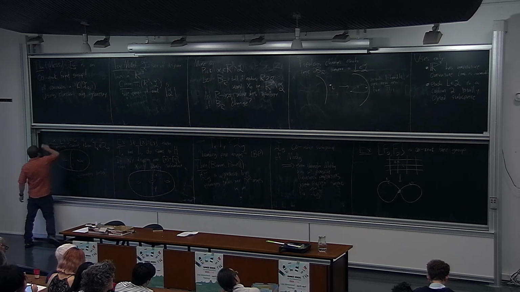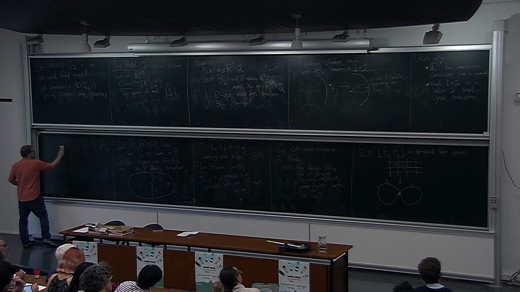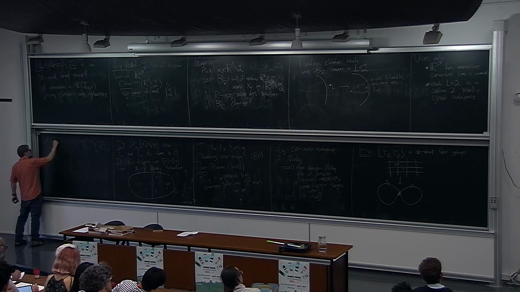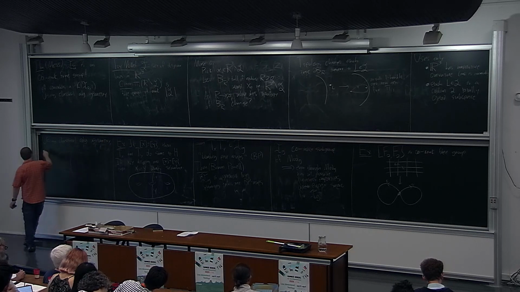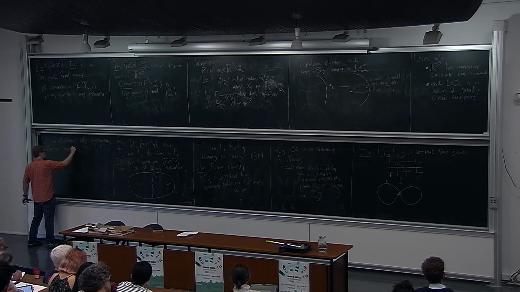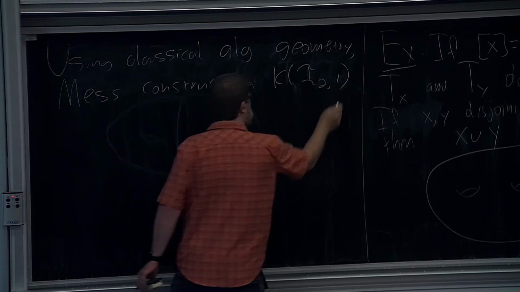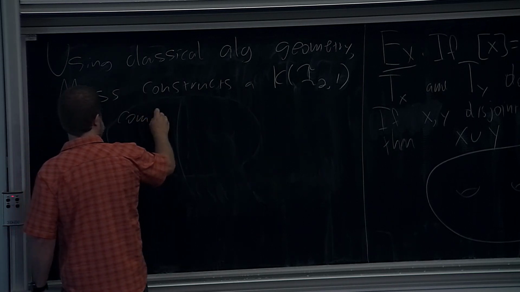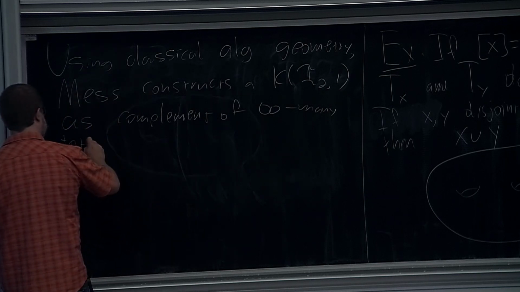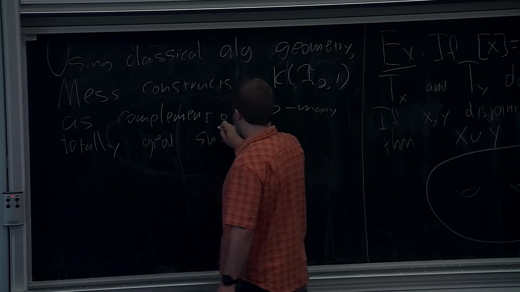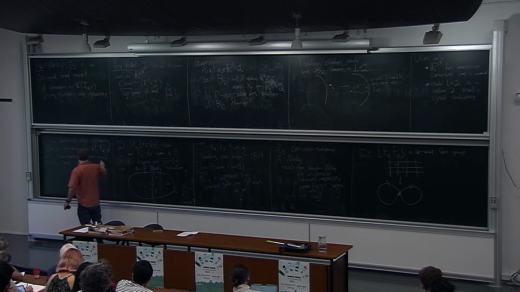So what Mess does, using classical algebraic geometry, Mess constructs a K(gamma, 1), as the complement of infinitely many totally geodesic subspaces.